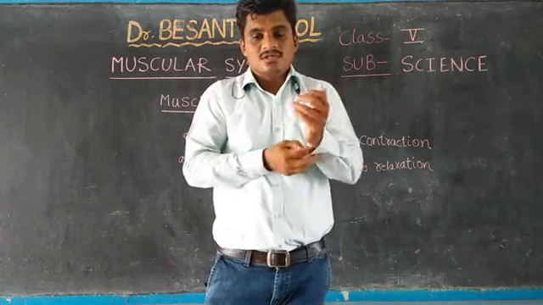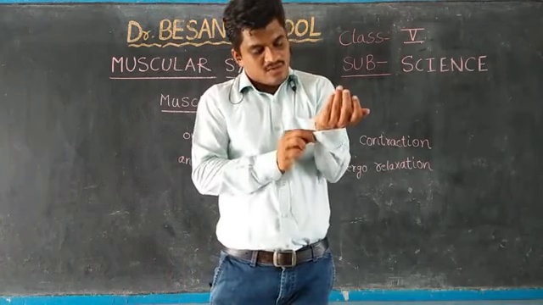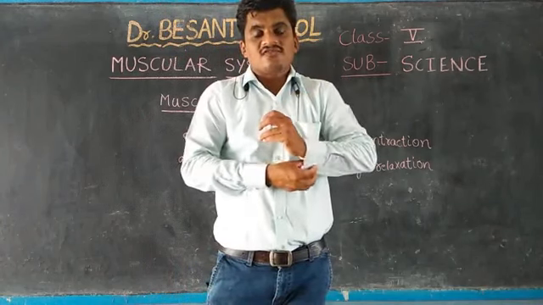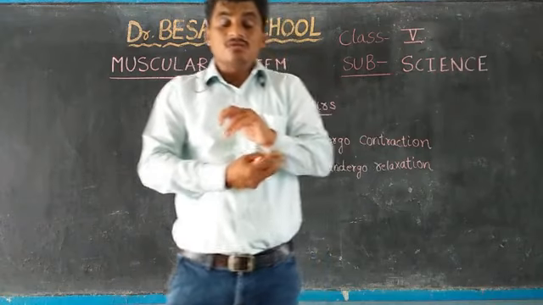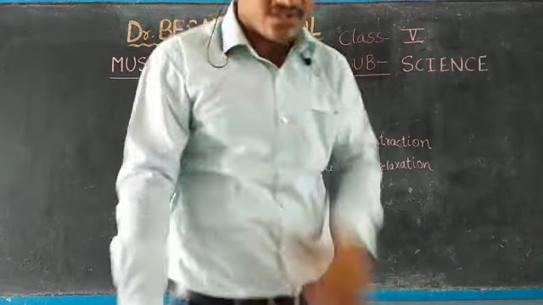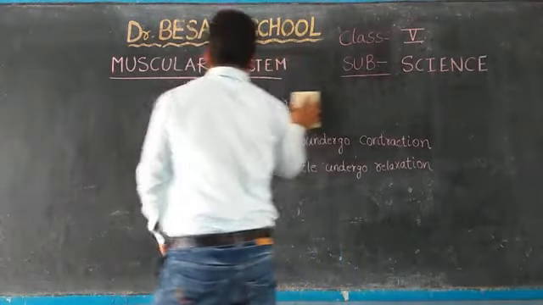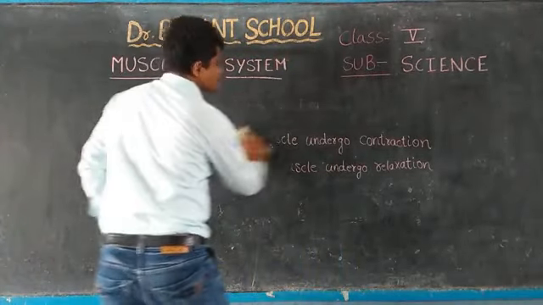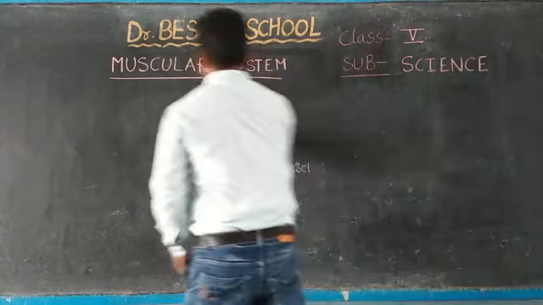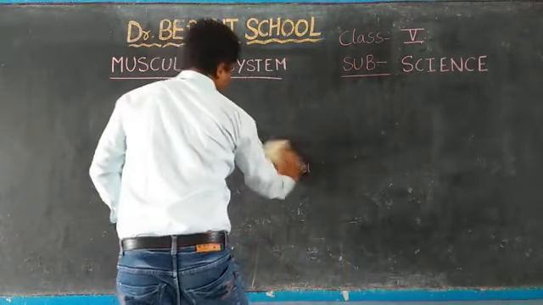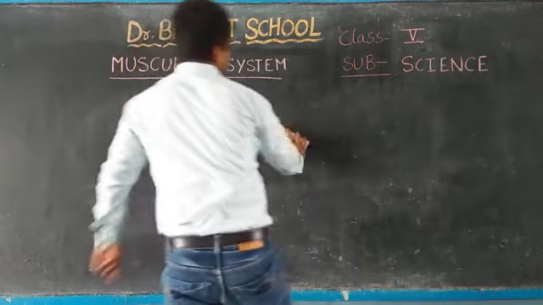Now, I am going to discuss the functions of muscles. How the muscles help in different body parts. Let us see the functions of the muscles. These three muscles help in the movement of different body parts.